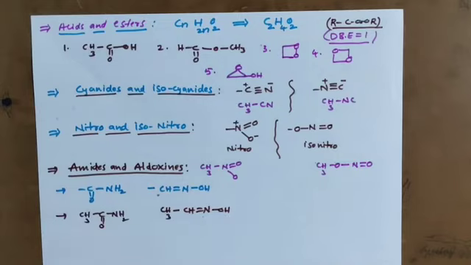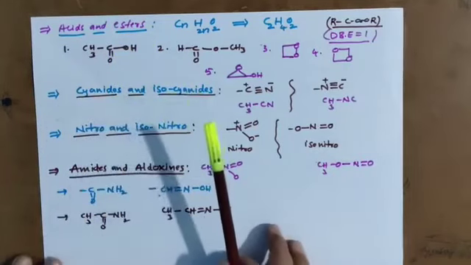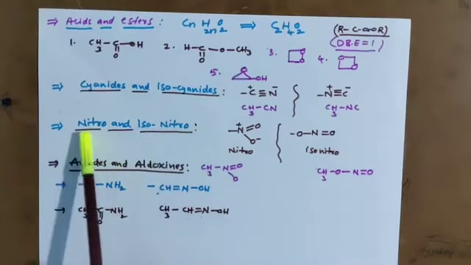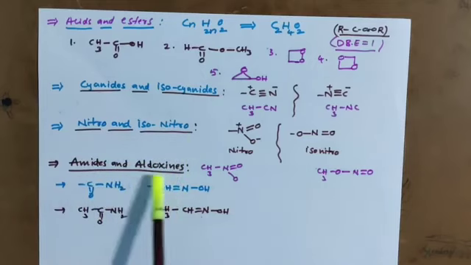Like this: acids, esters, cyanides, isocyanides, nitro, isonitro, amides, aldoximes. These all are functional group isomers.